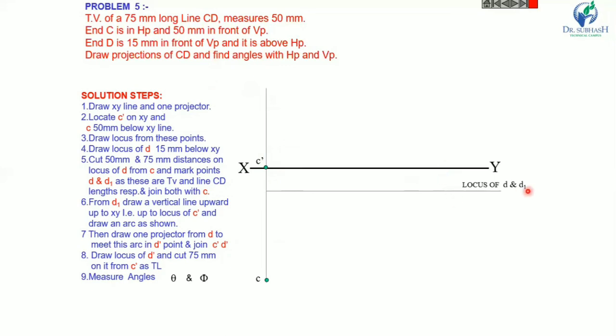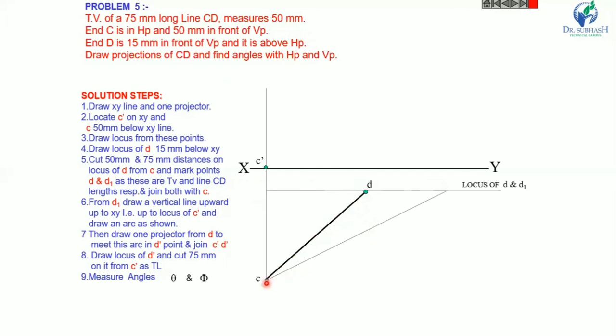So locus of D and D1 15 mm. Now from point C, top view is 50 mm. So from point C, draw a line of 50 mm. It will intersect this locus at point D.